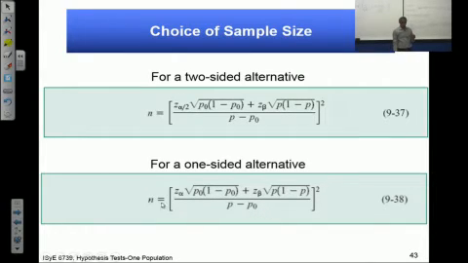And then you can calculate n. So if you use this n, the power of your hypothesis test for detecting this change from P0 to P is 1 minus beta, under alpha, the type 1 error or significance level.